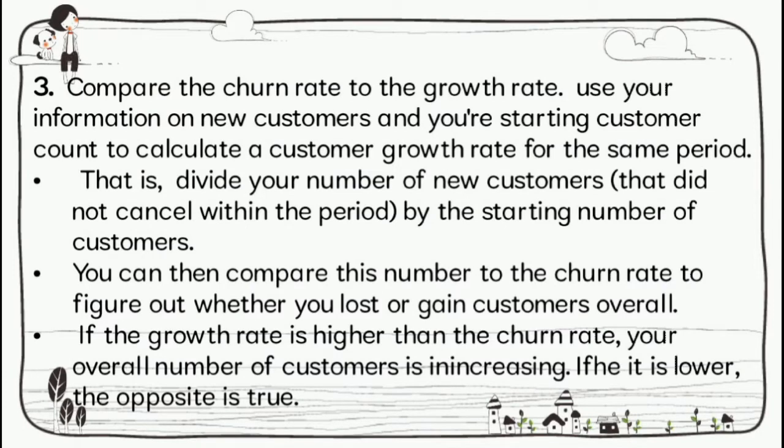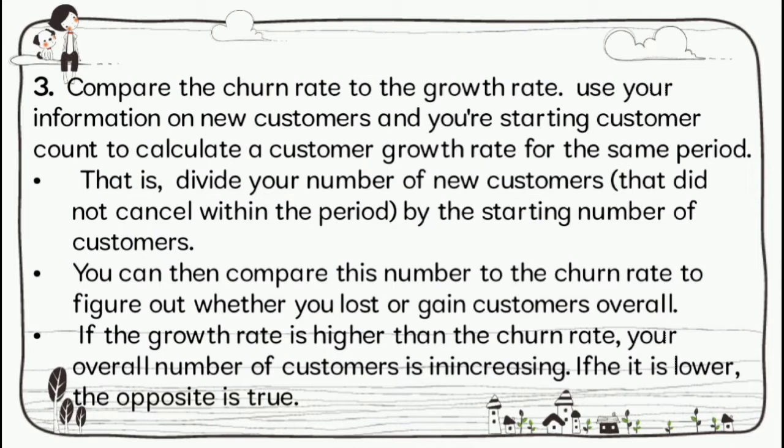Compare the churn rate to the growth rate. Use your information on new customers and your starting customer count to calculate a customer growth rate for the same period. That is, divide your number of new customers that did not cancel within the period by the starting number of customers.